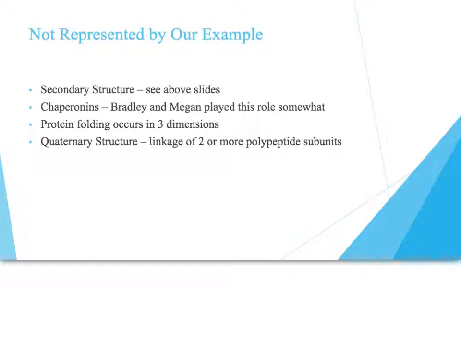And then finally, we did not represent in our example the quaternary structure, and that would have been where we could have linked the 2 polypeptide chains that we built into one cohesive whole protein. We mentioned how hemoglobin has 4 subunits, and those 4 together form the entire hemoglobin molecule. That would be an example of the quaternary structure.